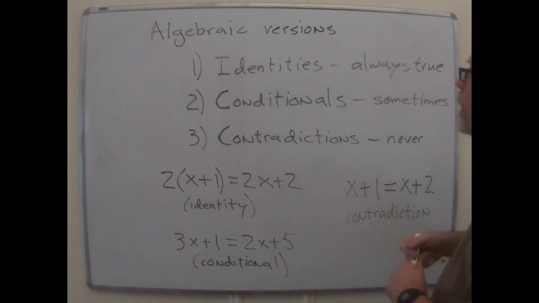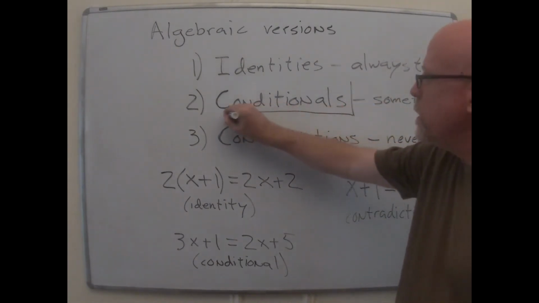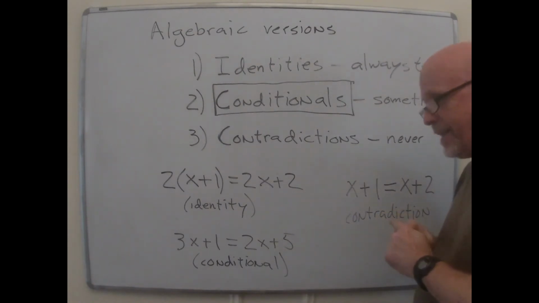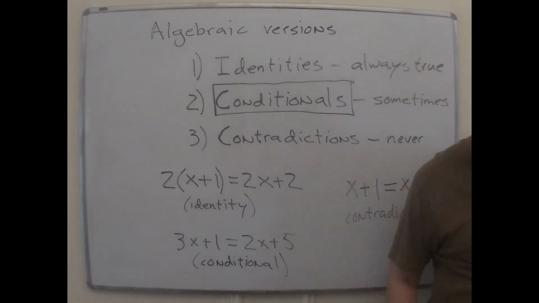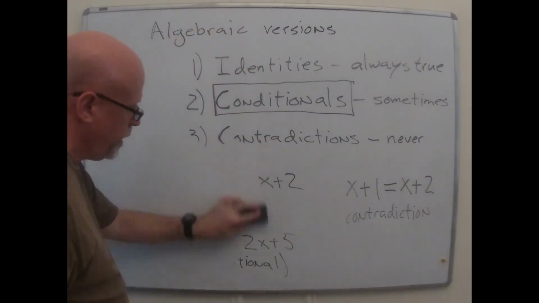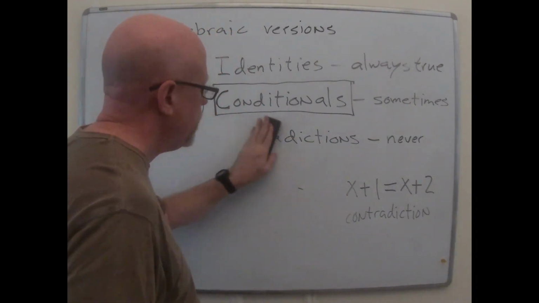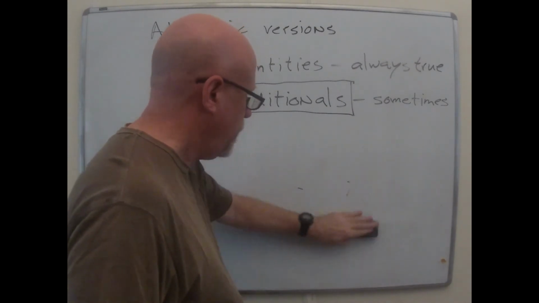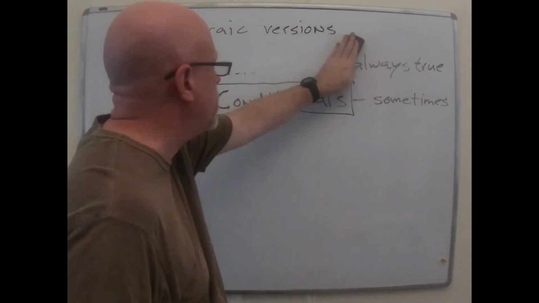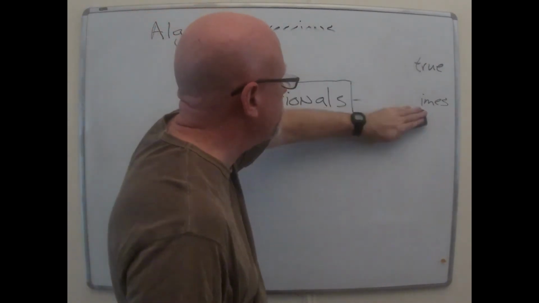This word right here, conditionals, when you're not in algebra, has a different meaning. We talk about if-then sentences as being conditional, so just watch out for that. A distinct usage of the word conditional is sentences that start with an if and end with a clause that's got a then in front of it.